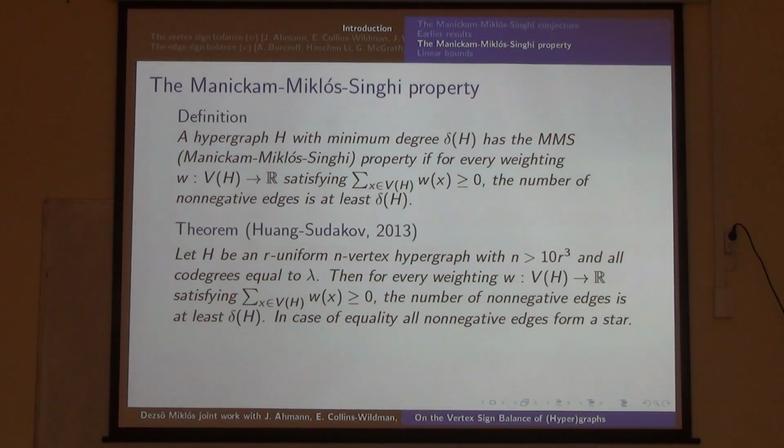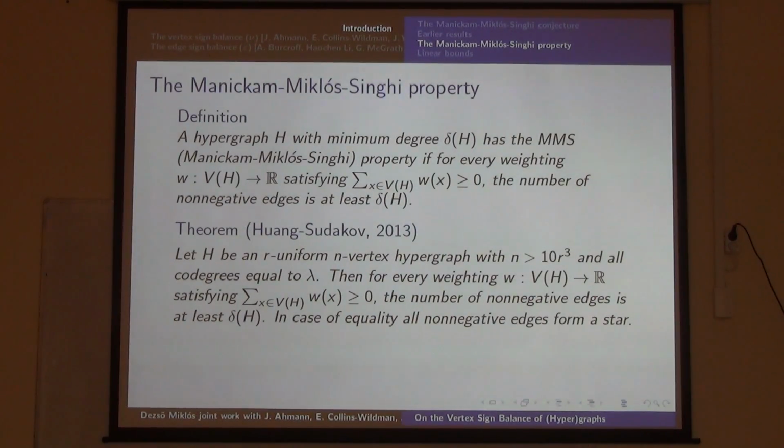And we say the hypergraph has the Manickam-Miklós-Singhi property if this minimum number is δ(H), the minimum degree.